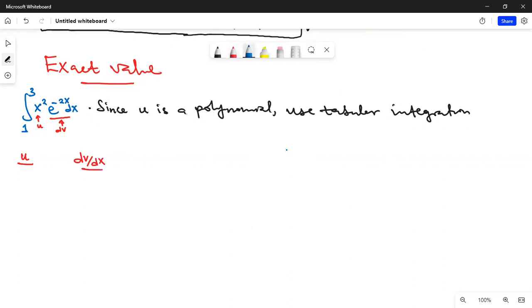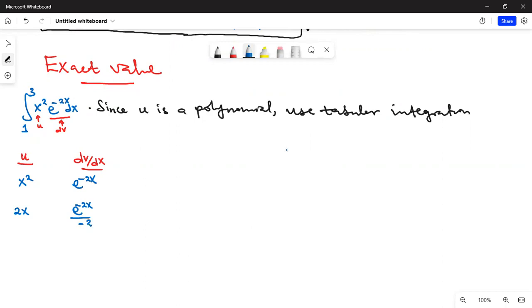So here, our u is x squared, dv over dx is exponential negative 2x. In the first column, you differentiate until you get to 0. When you differentiate x squared, you get 2x. The other column you integrate. The integral of exponential negative 2x is exponential negative 2x divided by negative 2.